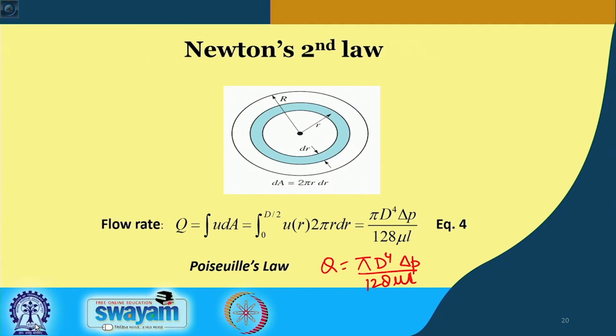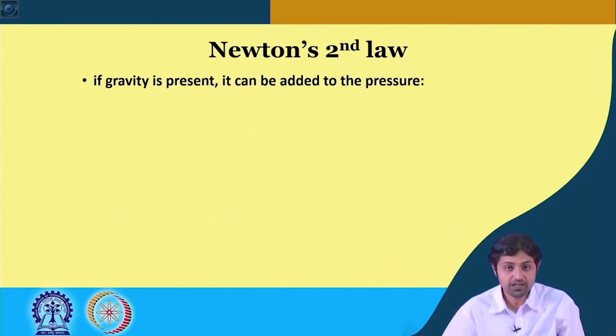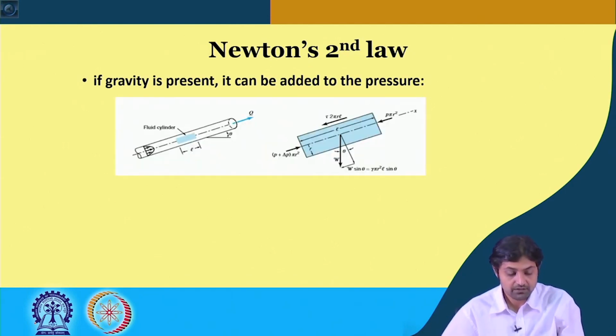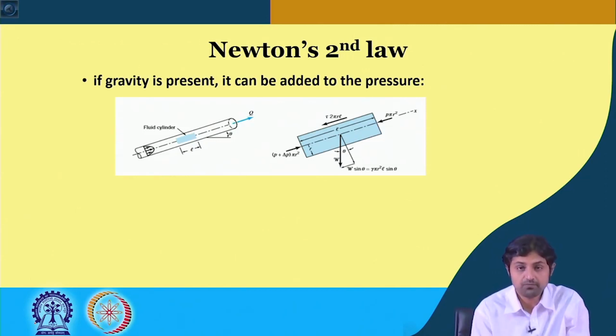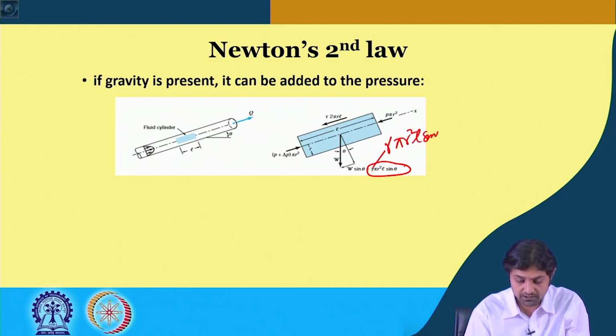Proceeding forward, we will now see what if gravity was also present, and whether it can be added to the pressure. Earlier our pipe was horizontal, there was no gravity, but now the equations of motion will change, because there will be another component, W sin theta, that is gamma pi r square L sin theta, acting in this direction.